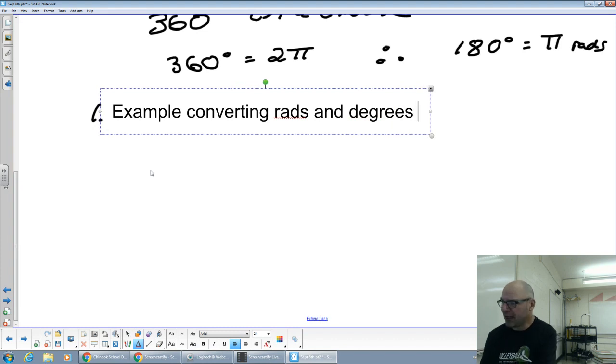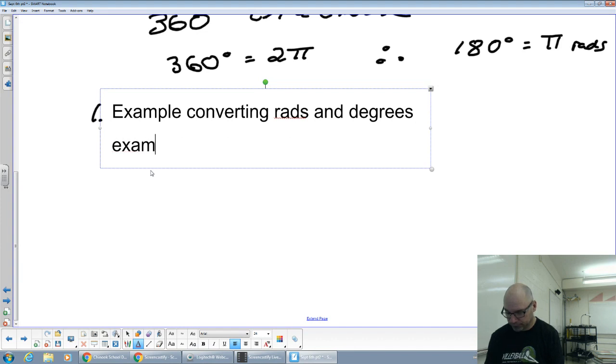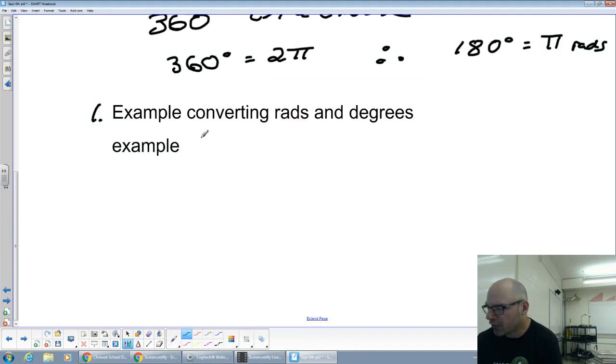So we can use the relationship. For our example, let's say we have 5 over 8 pi radians to convert into degrees. I have to use the marker for this, sorry, because I don't have a pi button in here.